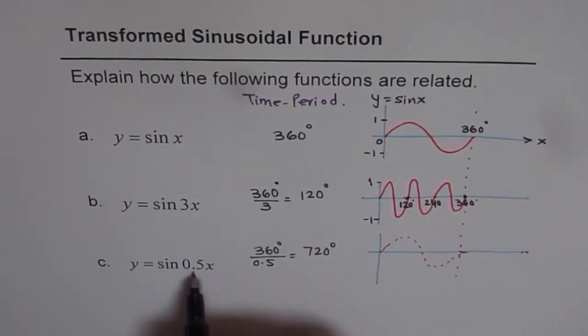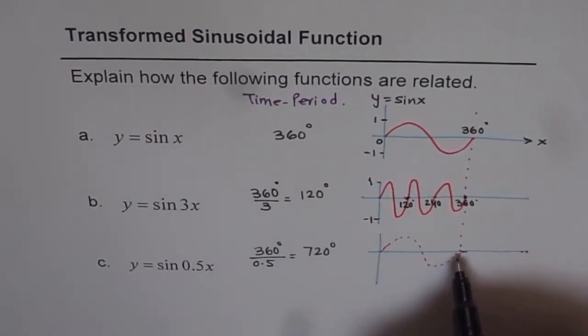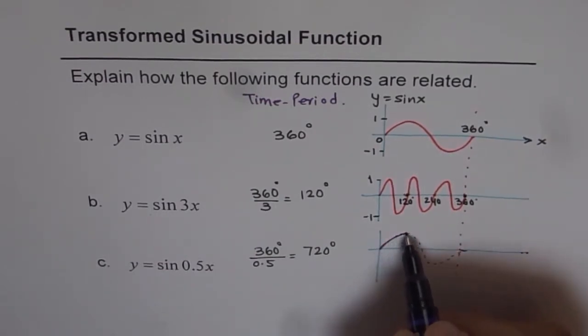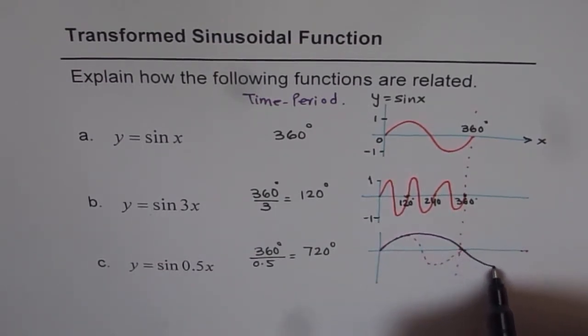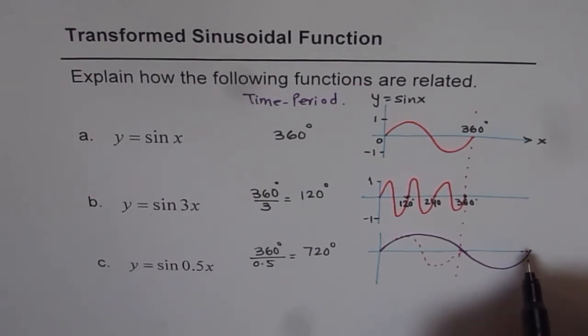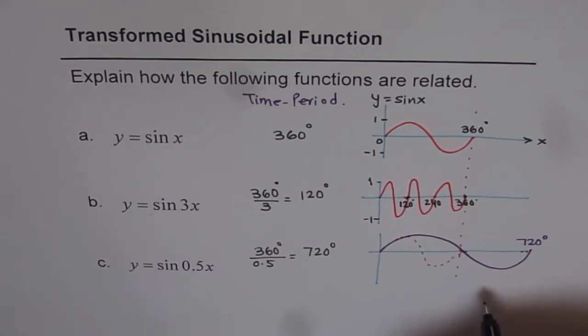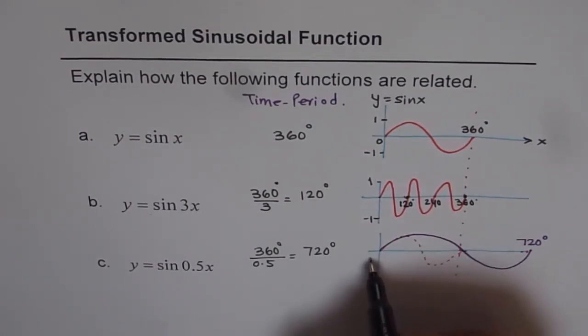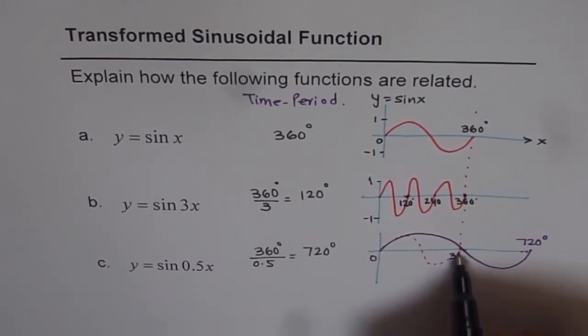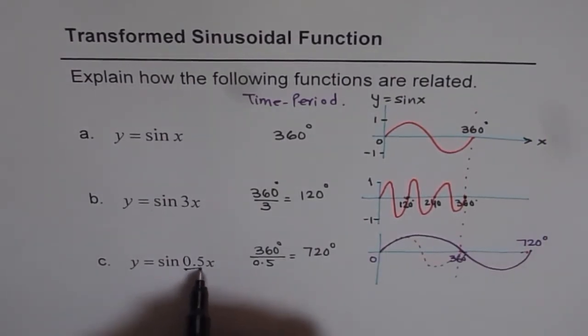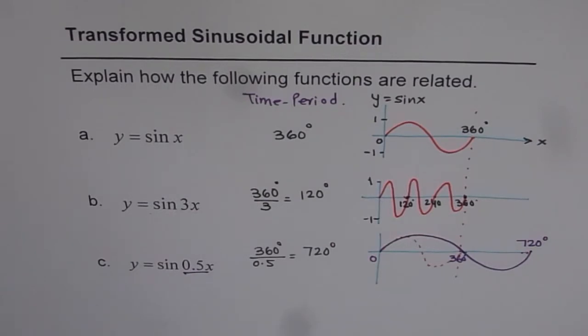So that is what 0.5 means, and we'll have only half the wave here. We'll have one wave having a time period of 720 degrees, like this. So within 0 to 360 degrees, we'll have just half the wave. So that is what 0.5 means, half the wave.